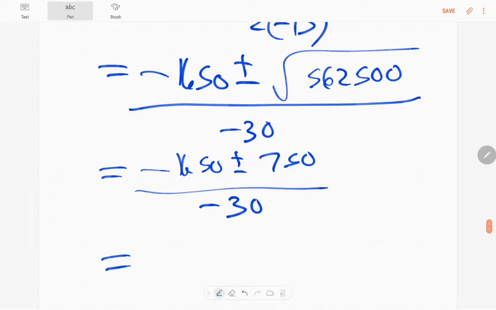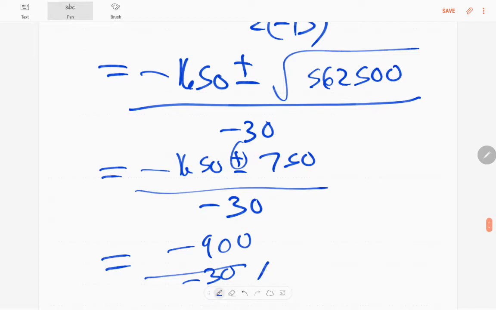All right, so let's use the plus first. That's really two different numbers. Negative 1650 plus 750, which is negative 900 all over negative 30. And the other one, we choose the negative.